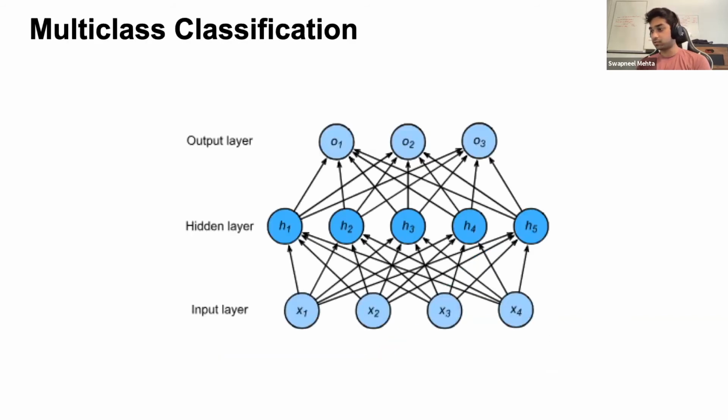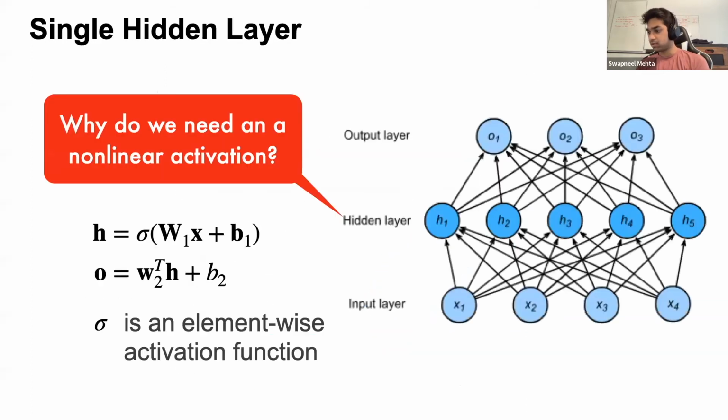Now I'm going to talk about multi-class classification. We've been looking at the same diagram. So O1, O2, O3 could correspond to 3 different classes. And the way you do multi-class classification is, this is probability of class 1 equal to 0.3. Probability of C2 is equal to 0.5.